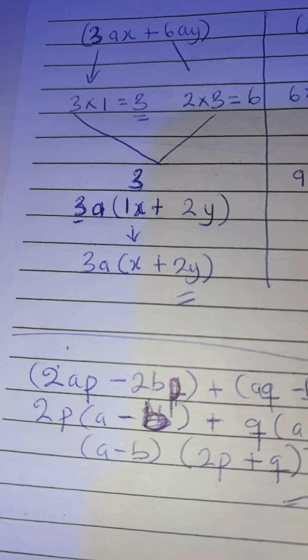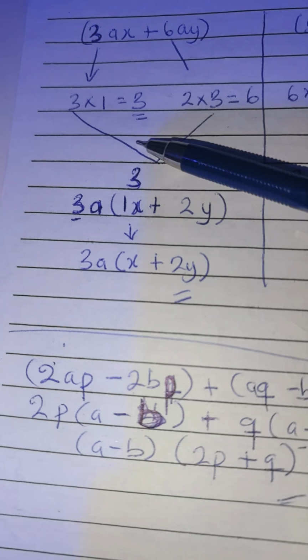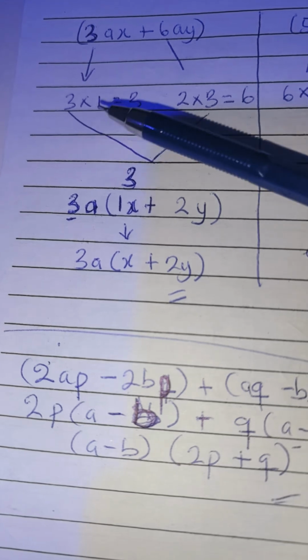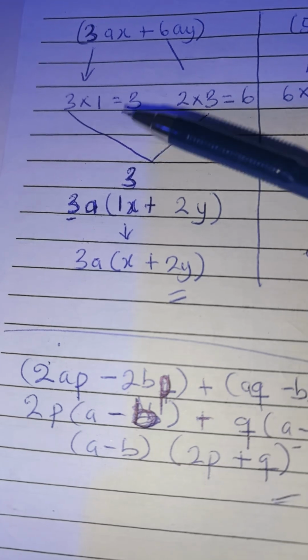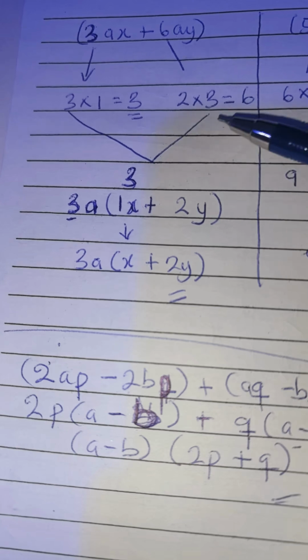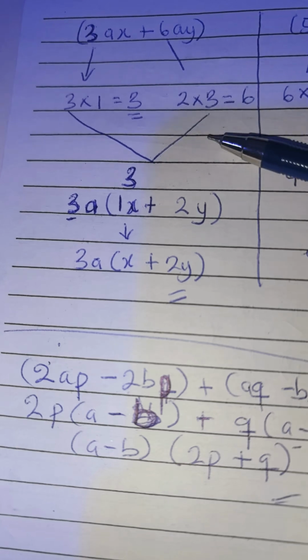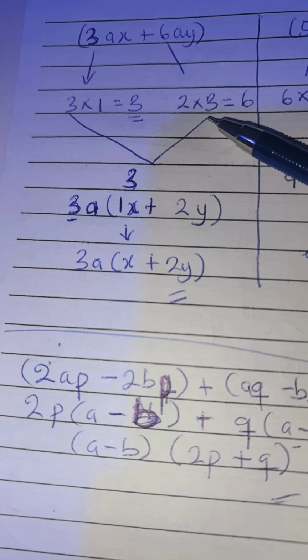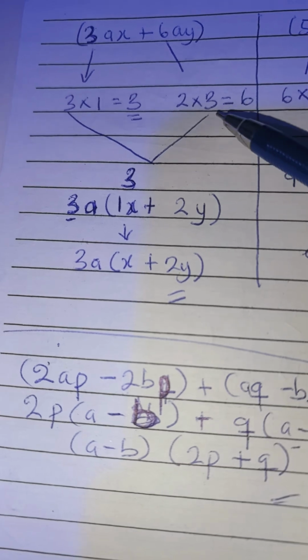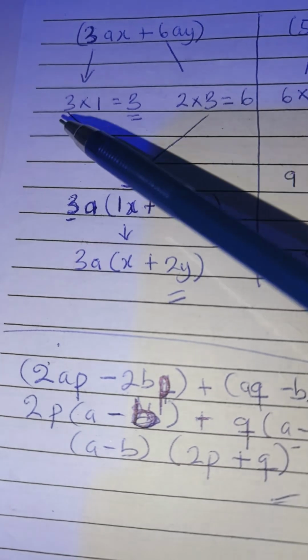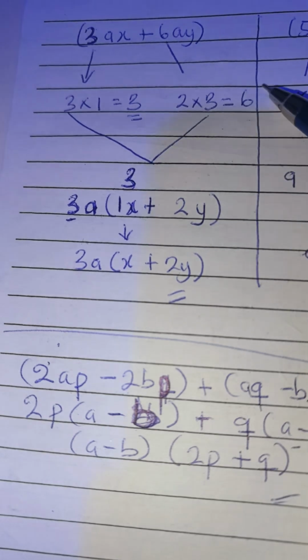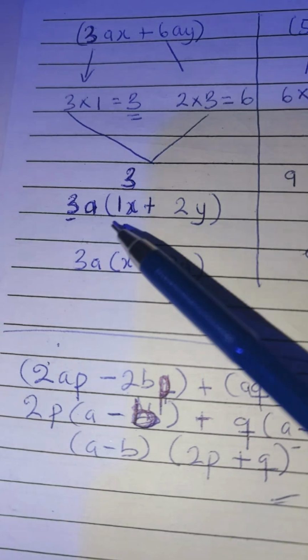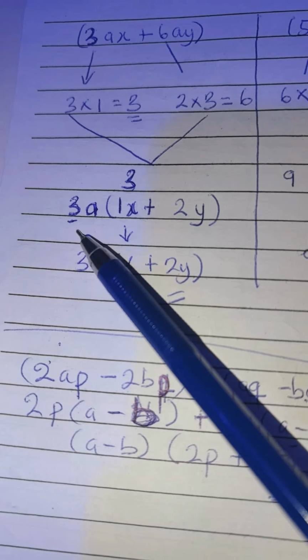Now, we got to a point that we have the common factors. We have 3 and 1 making the factors of 3, and then 2 and 3 making the factors of 6. The common factor which appears here and here is 3, under 3 and under 6. So what do you do? The common one, you bring it outside the bracket. So we have 3 here.